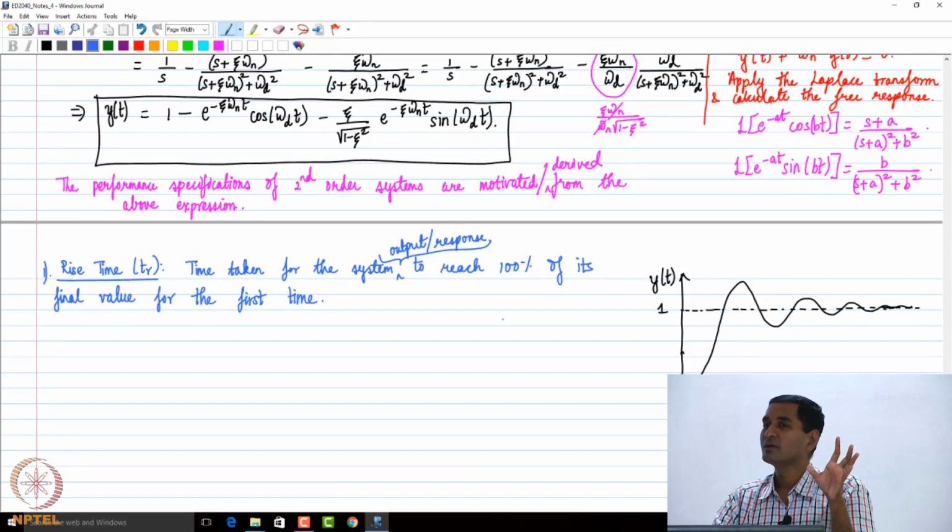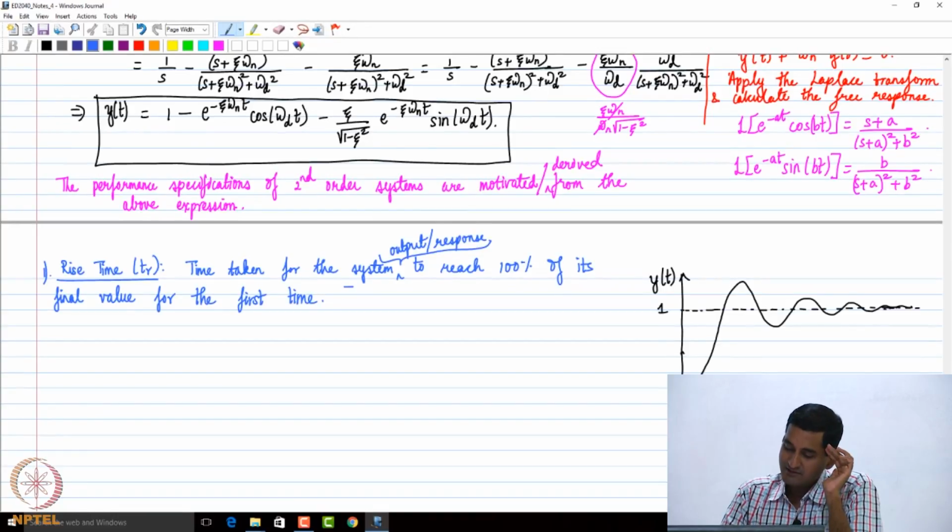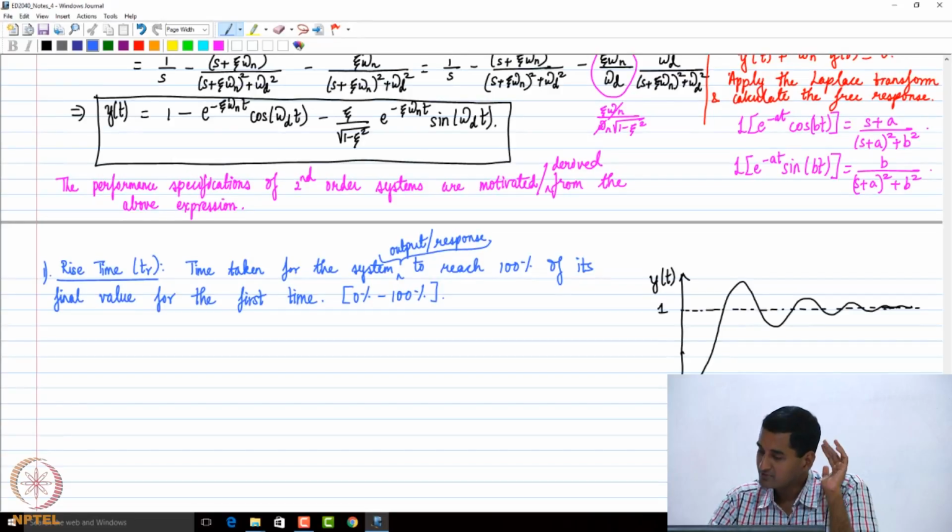People will say, what is the time taken for the output to become 90% of the final value? Some people will say 75%, some will say 10 to 90%, someone will say 10 to 75%. So there are various conventions. But as far as we are concerned, we are going to look at 0% to 100% for underdamped second order systems. That's what we are going to look at.